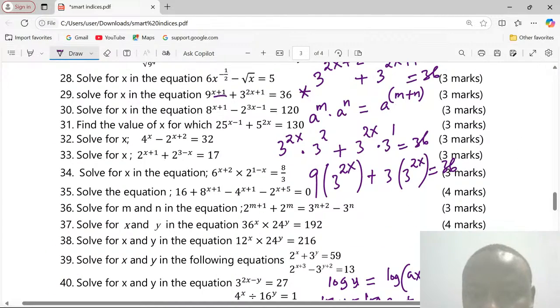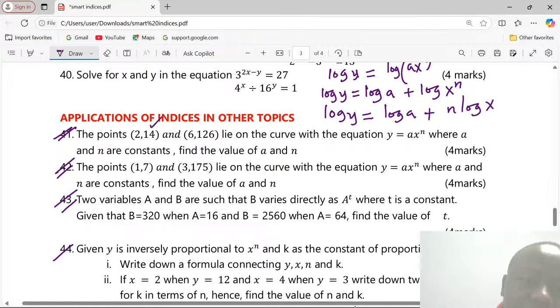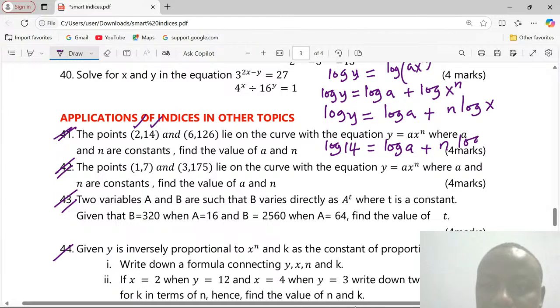Can substitute and say the log of 14, because the coordinate here means y is 14 when x is 2. So the log of 14 equals to the log of a plus n, the logarithm of x, which is 2. And we use the other coordinate to also get another case for the same. The log of 126 equals to the log of a plus n, the logarithm of x at this point is 6.